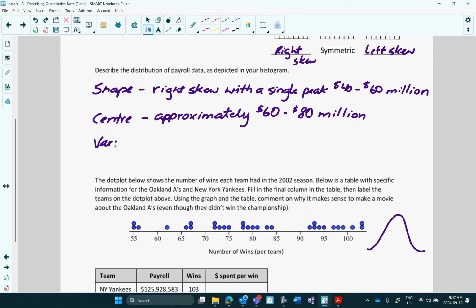The variability. Right now, all we really talked about is the range, the lowest to the highest. We haven't talked about the other measures of variability yet.